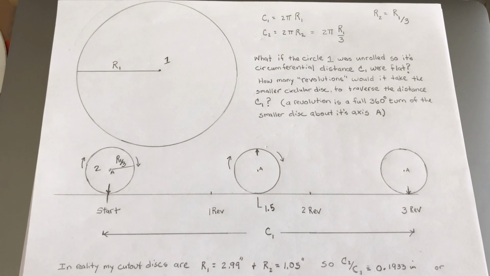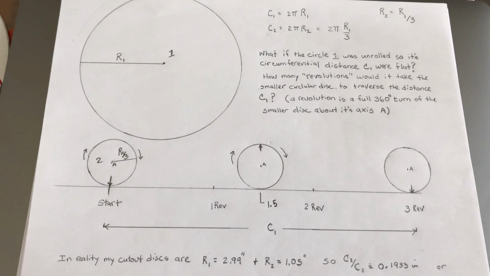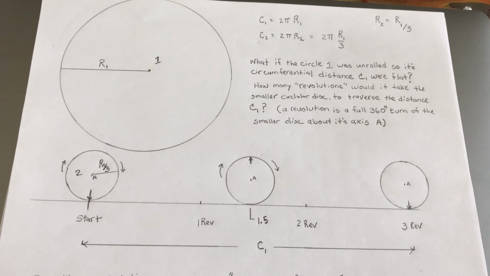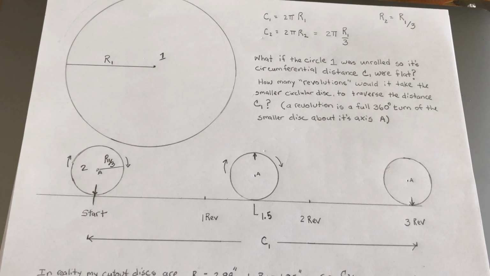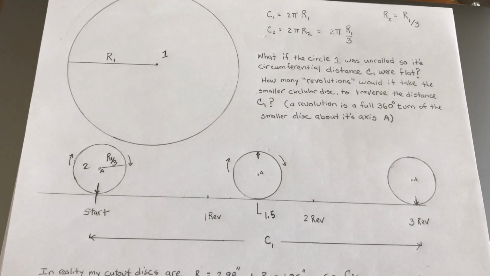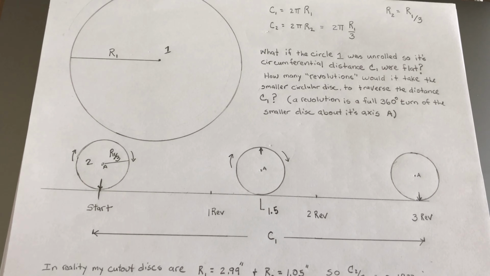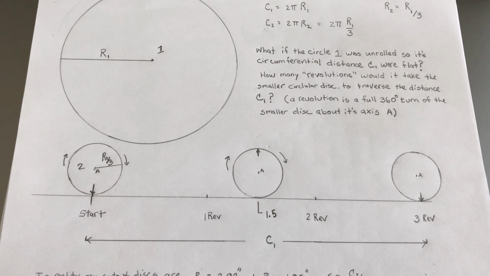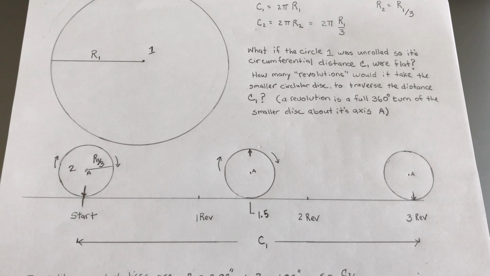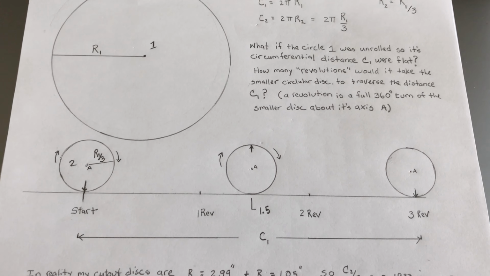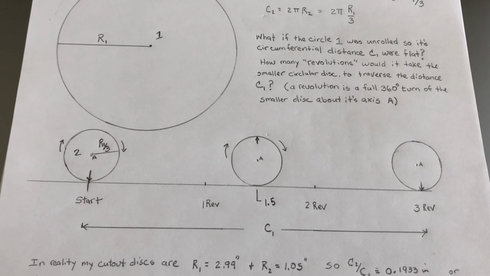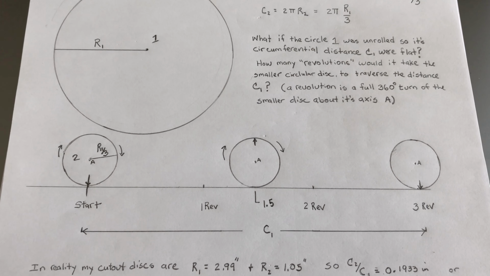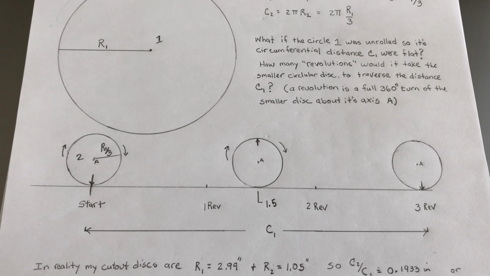The expectation was for the answer to be 3. So it again is a matter of where you're defining your reference point to be. And if you're talking about the reference point being the smaller disk's actual axis of rotation, then you're talking about only 3 full revolutions.